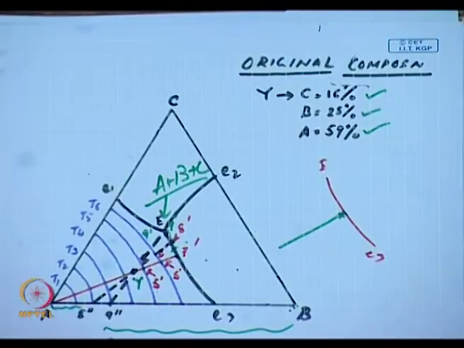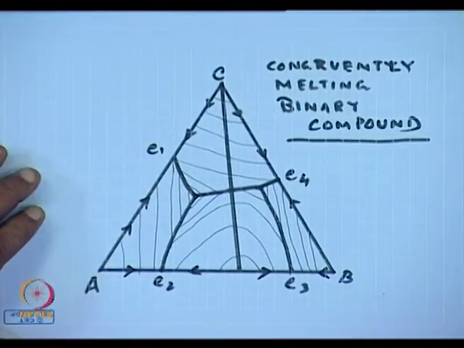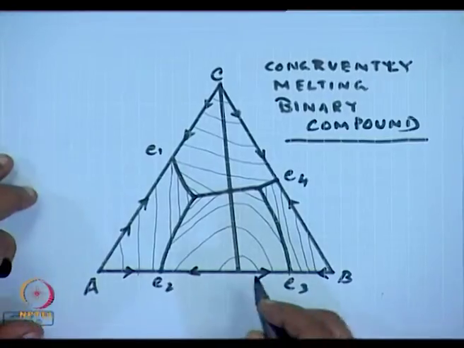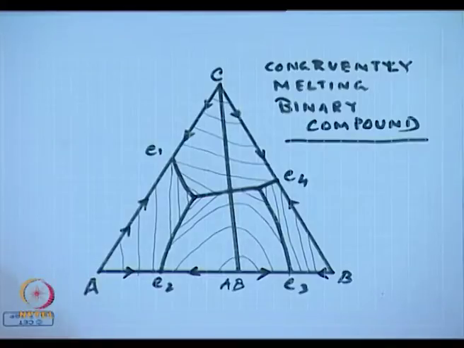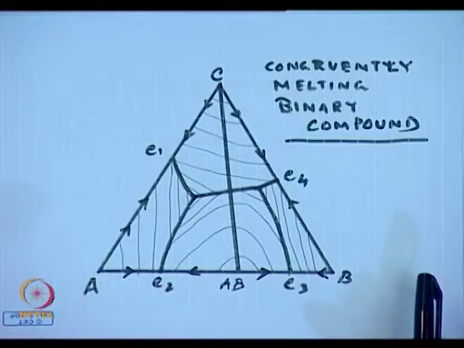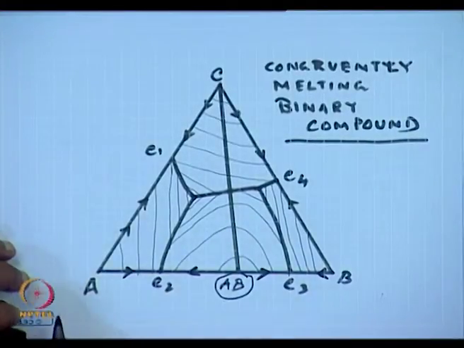Let me move on to more complex systems. This is a system where I'm starting off with a material which has a certain amount of A, B, and C. This is ABC. And there is a binary congruently melting compound also formed.